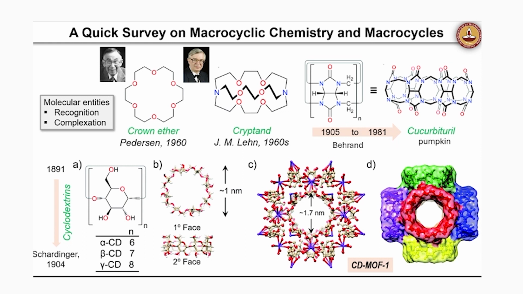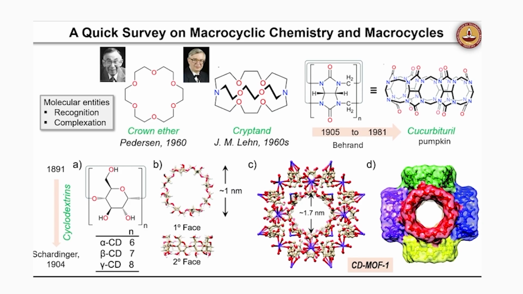This is made of D-glucopyranose units, glucose units, connected at 1 and 4 positions. You have 4 of these molecules surrounding, 6 connected, 7 of them, 8 of them, and so on.